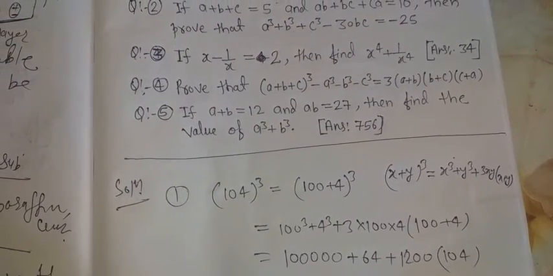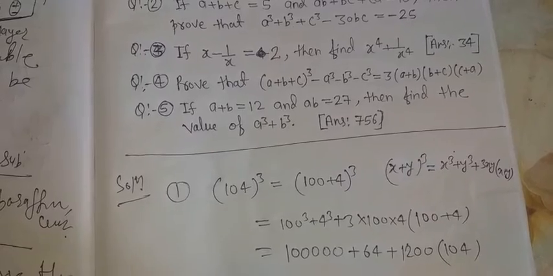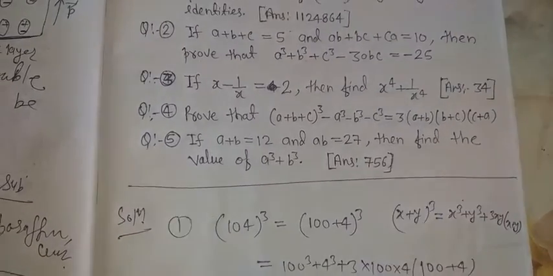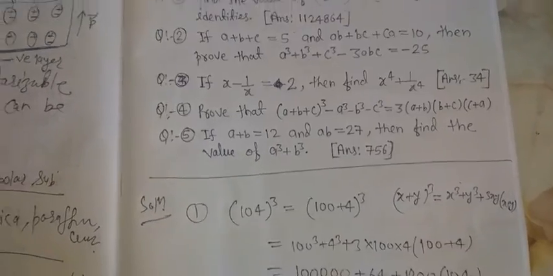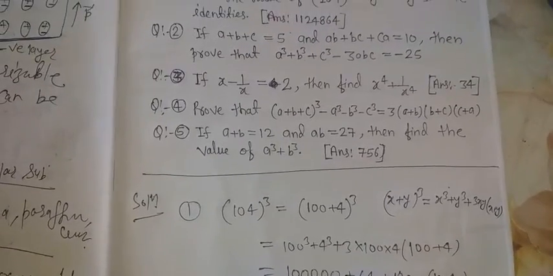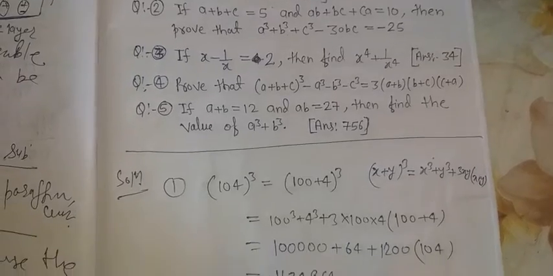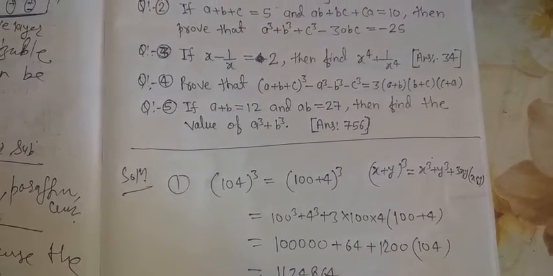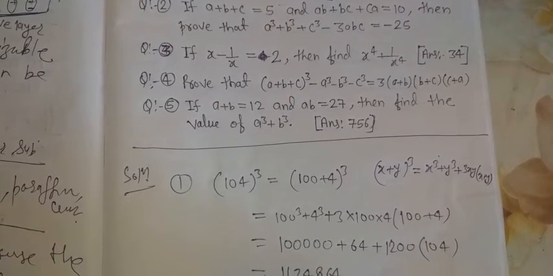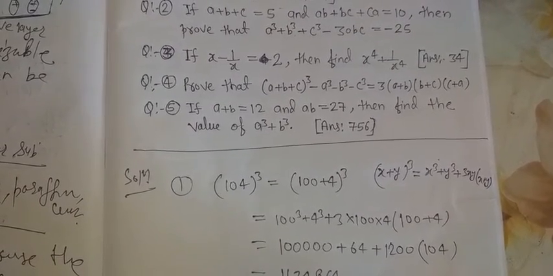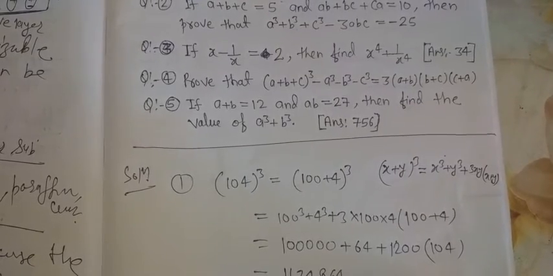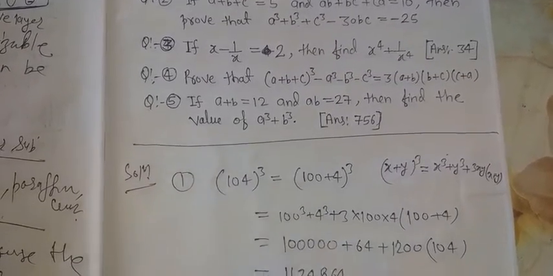As we know, the formula: a cube plus b cube plus c cube minus 3abc, we have already learned this identity, is equal to (a plus b plus c) into (a square plus b square plus c square minus ab minus bc minus ca).